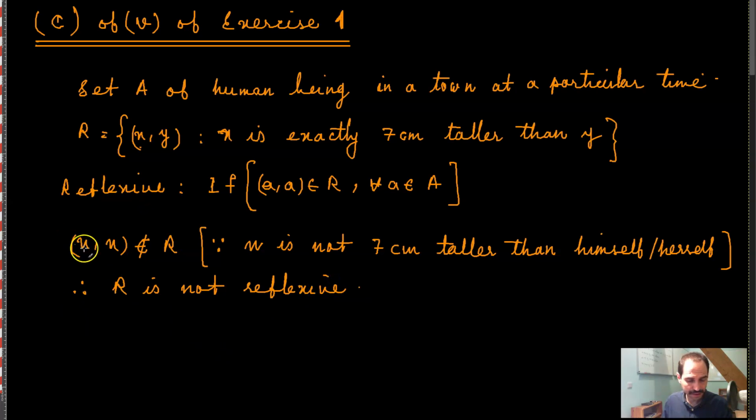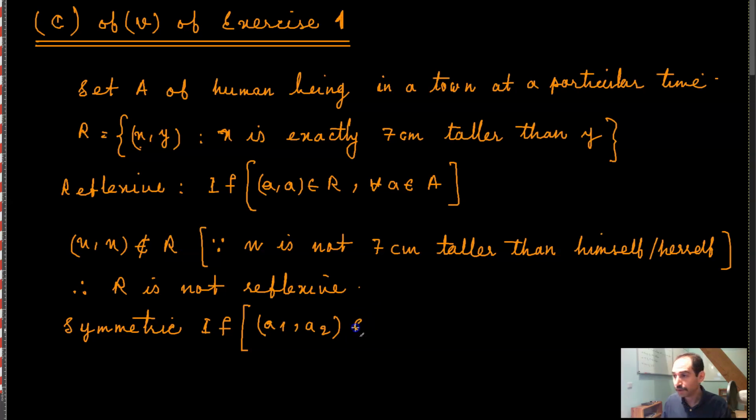Now to check whether R is symmetric, we said that if this condition is true, meaning that if (a1, a2) belonging to R implies that (a2, a1) also belongs to R for all a1 and a2 belonging to A, right?